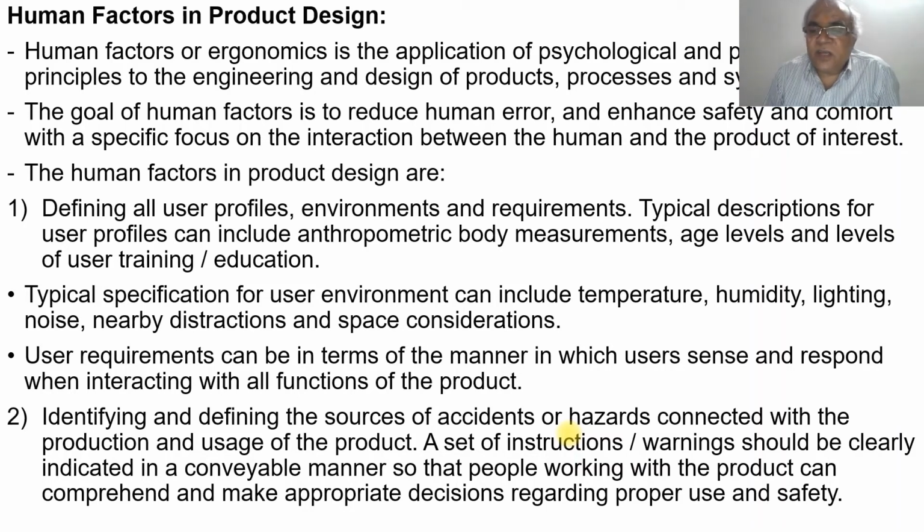A set of instructions or warnings should be clearly indicated in a conveyable manner so that people working with the product can comprehend and make appropriate decisions regarding proper use and safety. So as far as possible, they should highlight the criticality involved in this product, where exactly you might have a problem, and what safety measures you have to take.